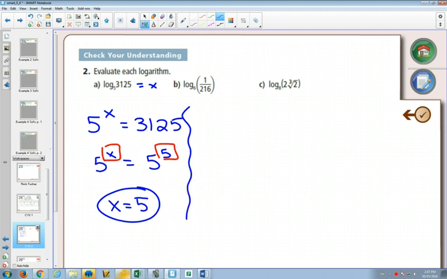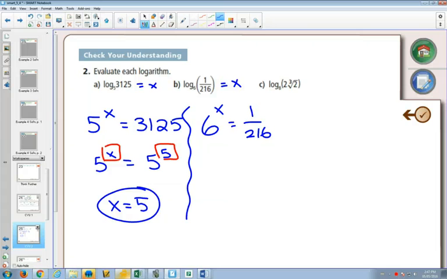Part B as well. And sometimes when I read a log, since I know that they're solving for an exponent, I kind of imagine it like this: 6 to what power equals 1 over 216? You can say directly log base 6 of 1 over 216, but it really means 6 to what power would be 1 over 216?